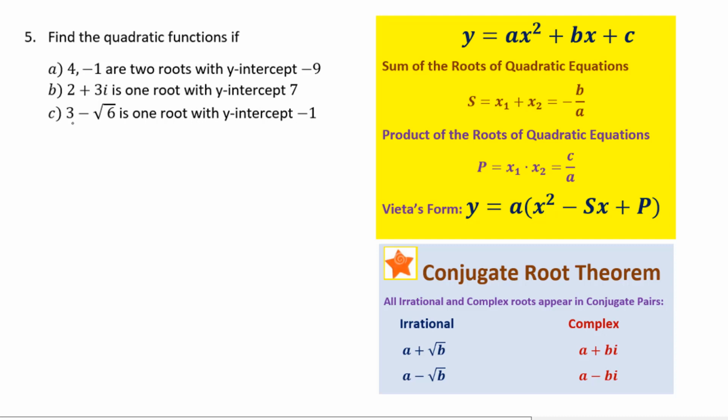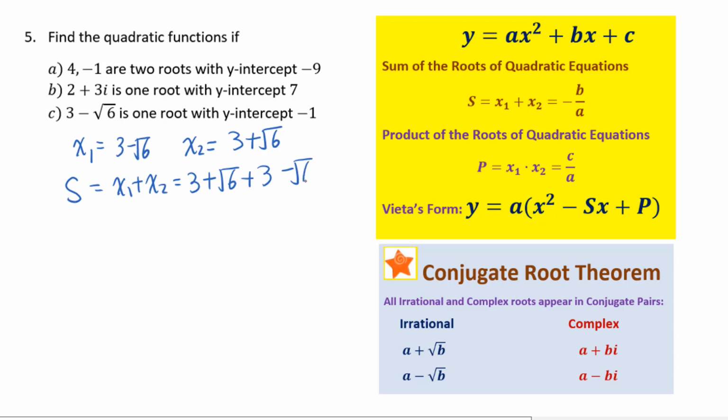Let's go to C. 3 minus square root of 6 is one root with the y-intercept -1. So we have x1 equals 3 minus square root of 6, and x2 is the conjugate, 3 plus square root of 6. For s equals x1 plus x2, that equals 3 plus square root of 6 plus 3 minus square root of 6, which equals 6.